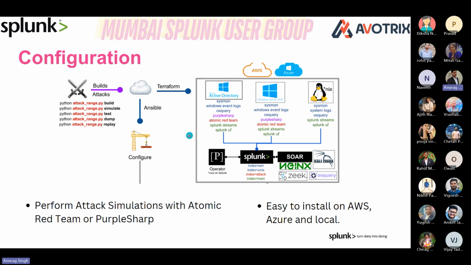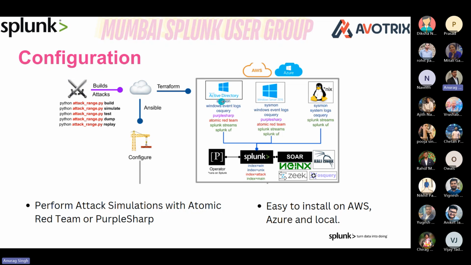Right, actually I was not explaining it, but yes, it's absolutely correct. Using Vagrant, VirtualBox, and these Terraform and Ansible scripts, whatever you specify, you will run this configure command, and then it will ask you what you want. It will install Splunk by itself. Then it will also ask whether you want a Windows Active Directory, Splunk SOAR, or a Linux system, and when you specify them, it will install them here.